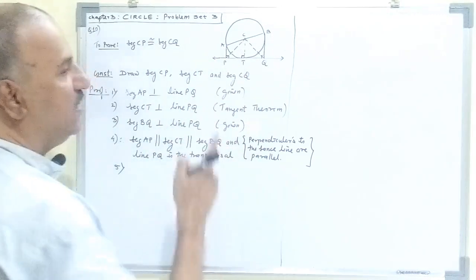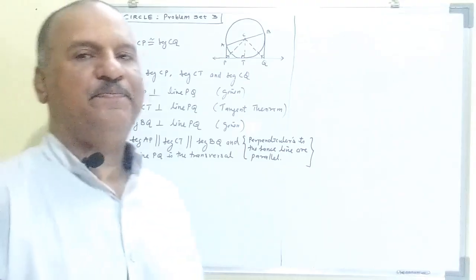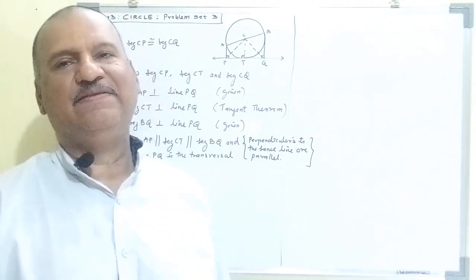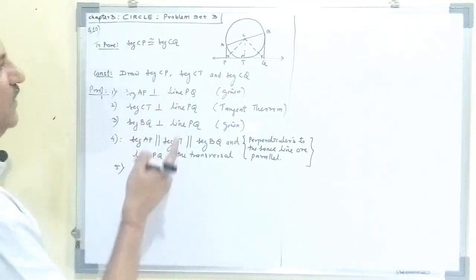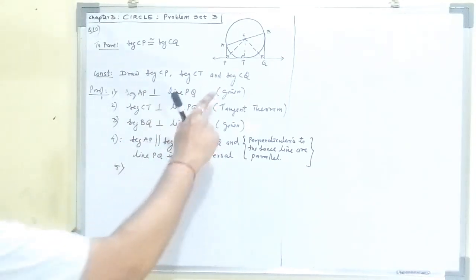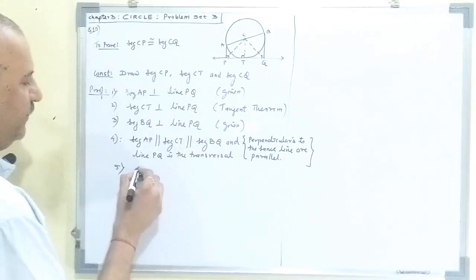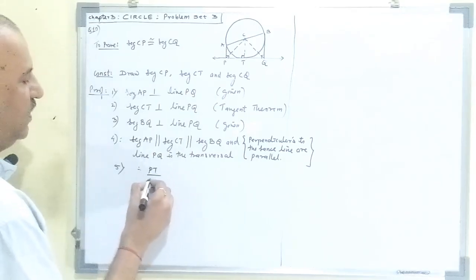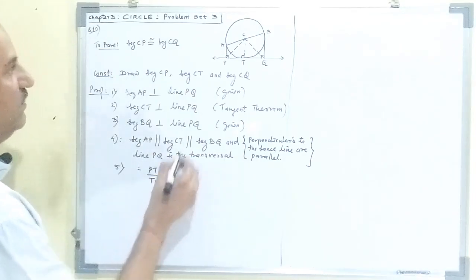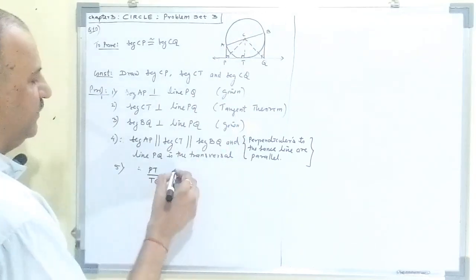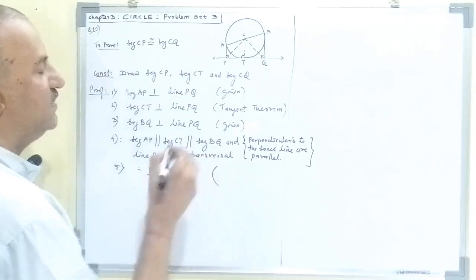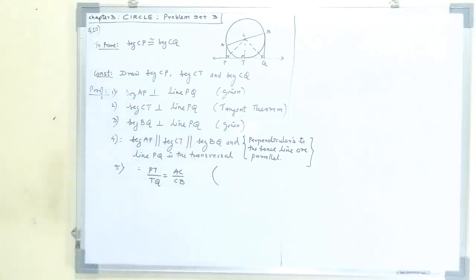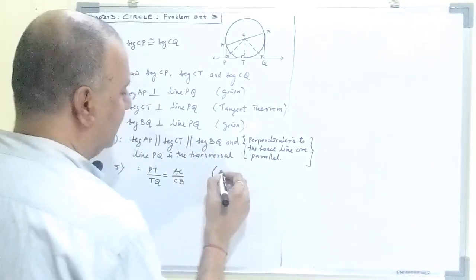So intercept made by transversal on 3 parallel lines, the ratio of intercepts are equal. So when I say PT upon TQ, therefore PT upon TQ will be equal to AC upon CB. इसका रीजन क्या है? Property of 3 parallel lines and their transversals.